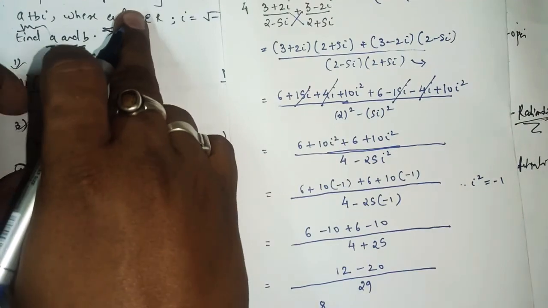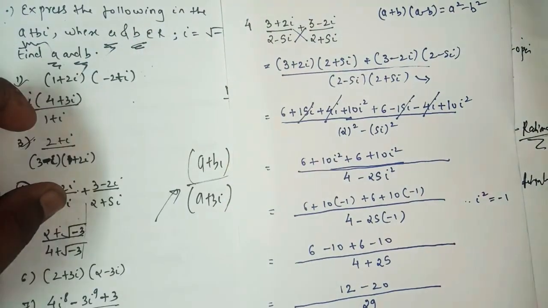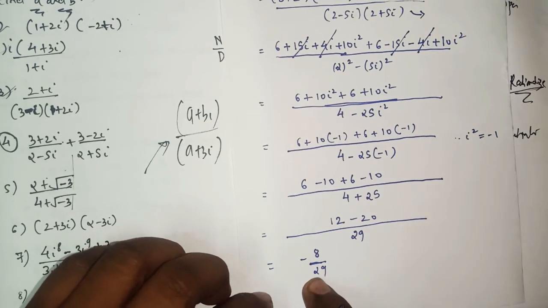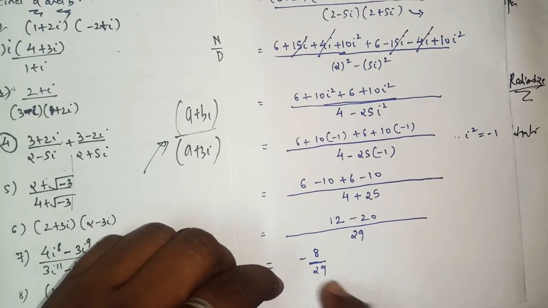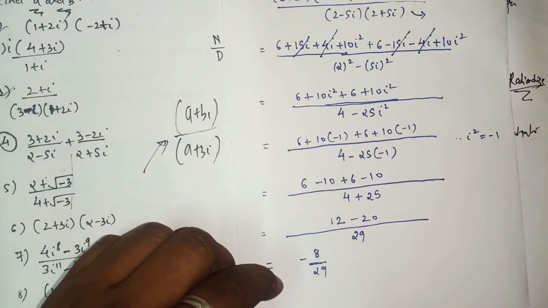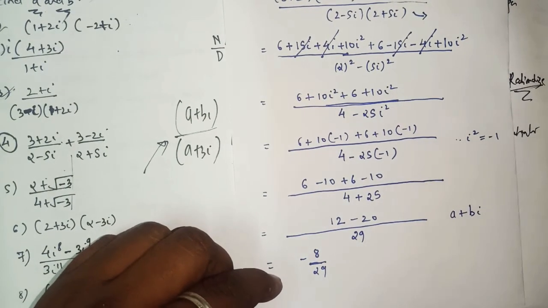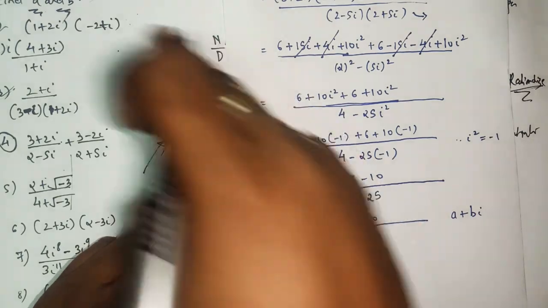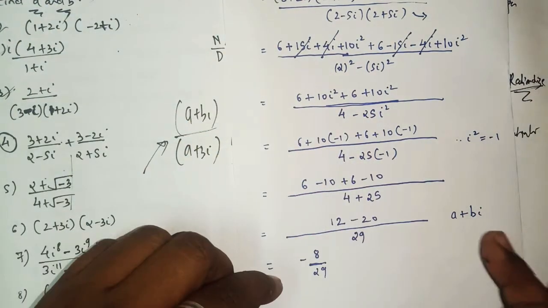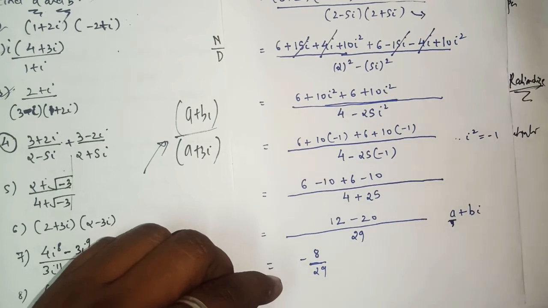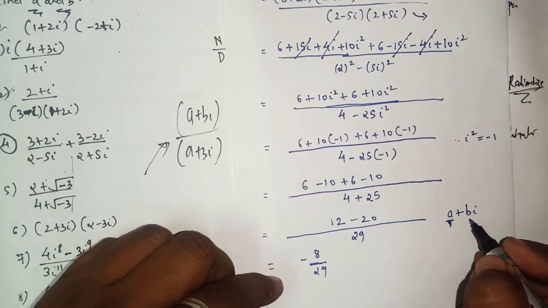So here we got the answer actually, but in the question it says that you have to express the following in the form of a plus bi, as this number is without i. So where is bi? Because we have to express the following expression which is given in this form a plus bi, as clearly we can see that the term without i is a and the term with i is b.